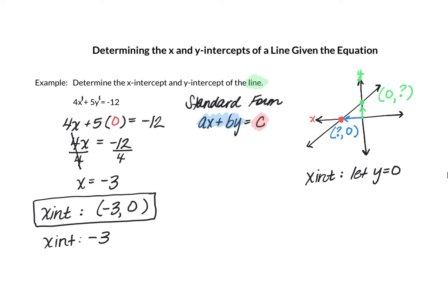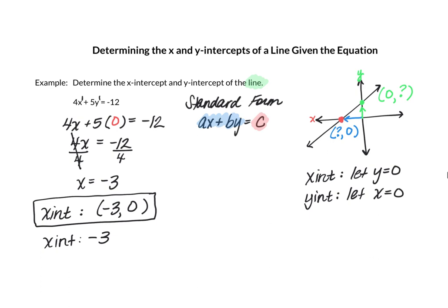So the x value of my coordinate is going to be 0. Because my y-intercept is sitting right on the y-axis, I haven't moved to the left or to the right any. So if you generalize this, not just for lines, but for any graph or any function, to find that y-intercept, we're always going to do that by just allowing x to equal 0.